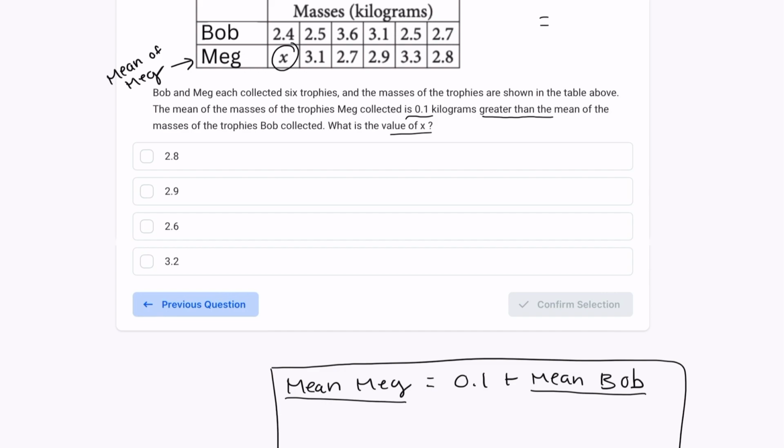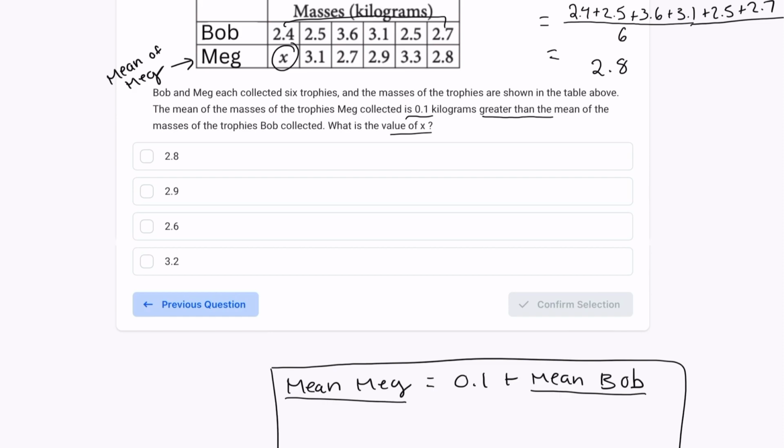Well, we would take the sum of all these numbers here and then divide it by 6 trophies, right? There's 6 values. So we do 2.4 plus 2.5 plus 3.6 plus 3.1 plus 2.5 plus 2.7 and divide that by 6. So this gives us 2.8.